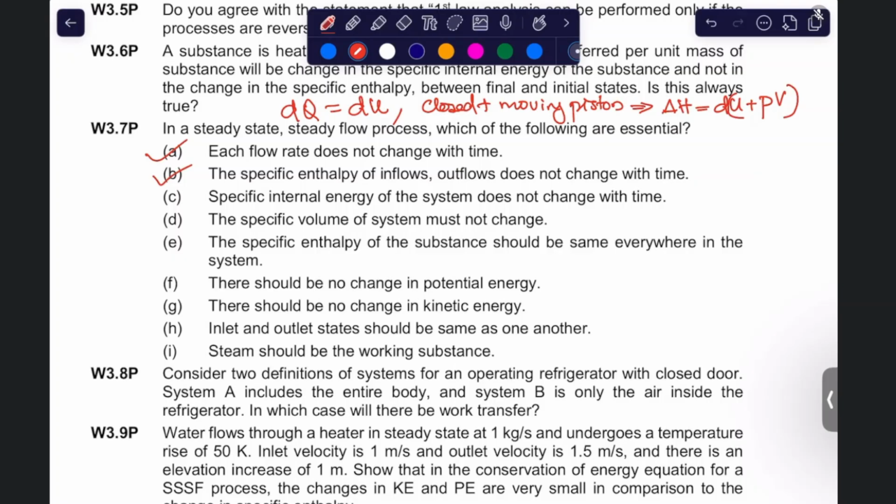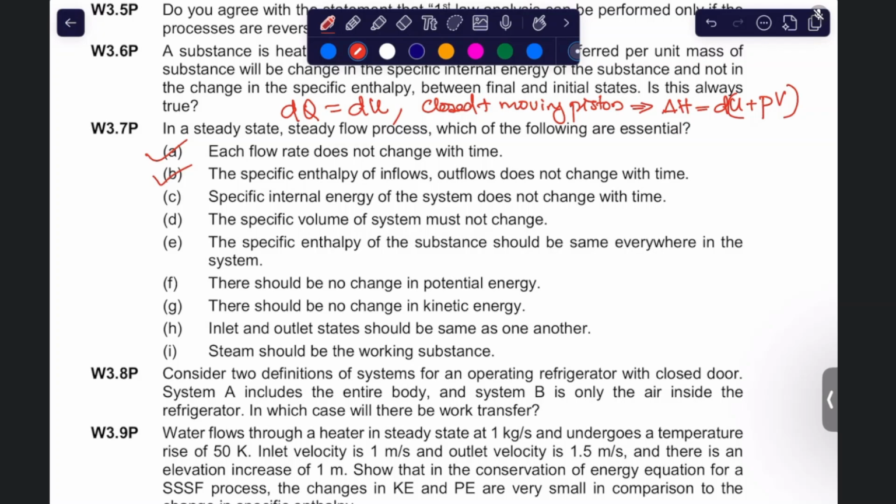Next statement is specific internal energy of the system does not change with time. Again, specific internal energy is also a property within the control volume. If it is not changing with time, that is again steady state process.